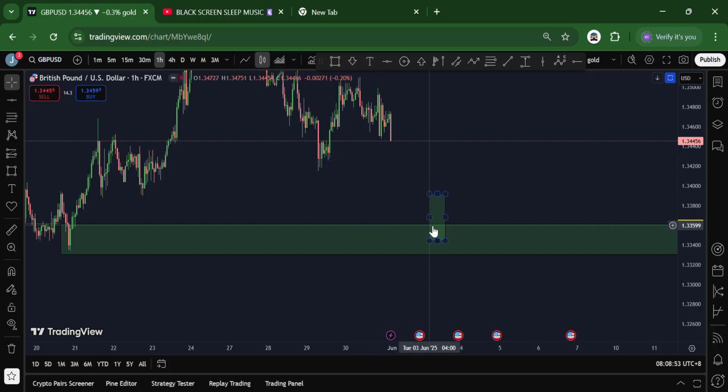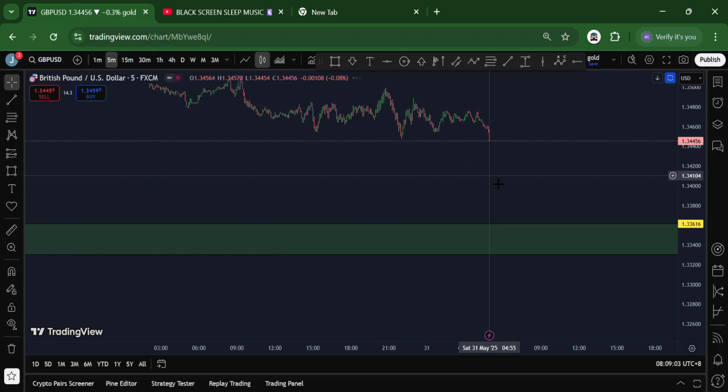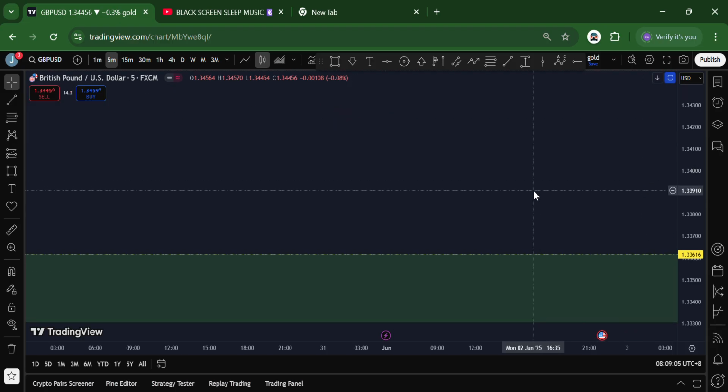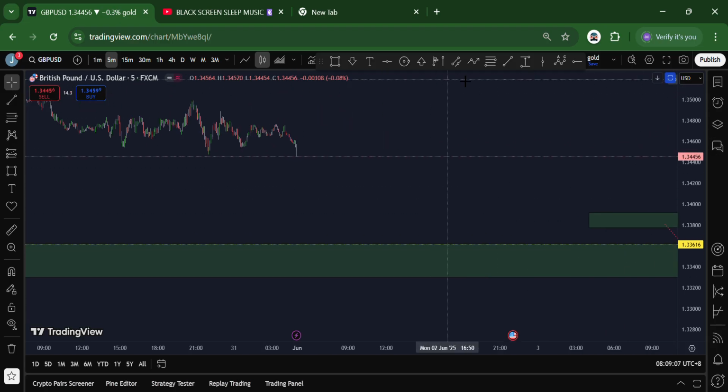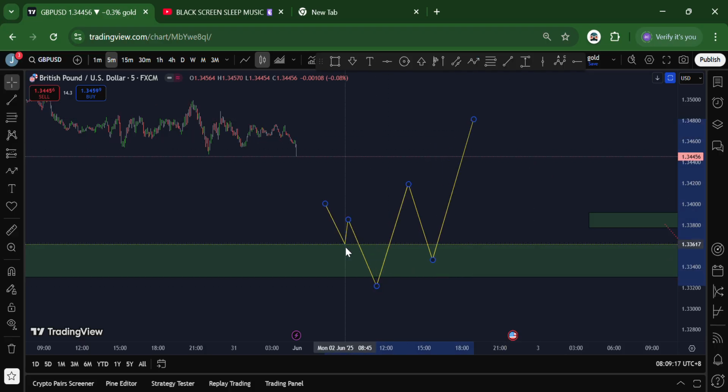Some look for a strong pin bar rejection. Some go to the 5 minute chart, looking for a QM pattern or an inverted head and shoulders, and then they do their entry here.